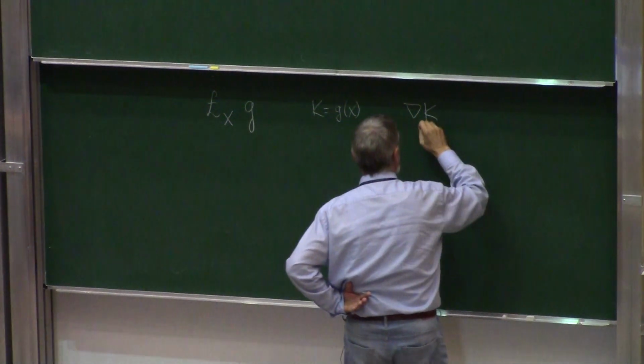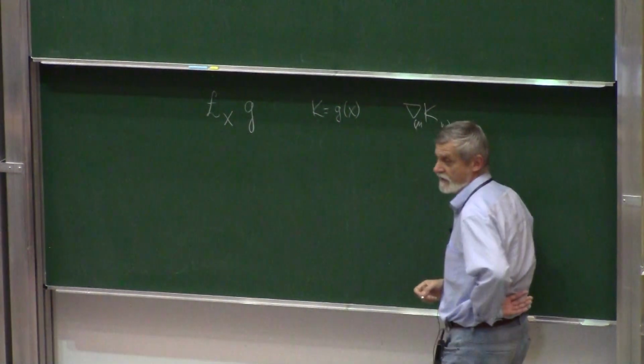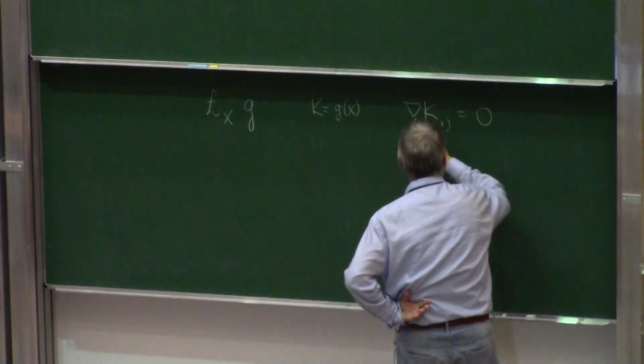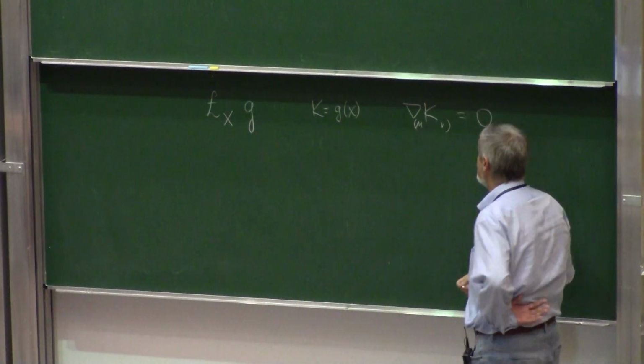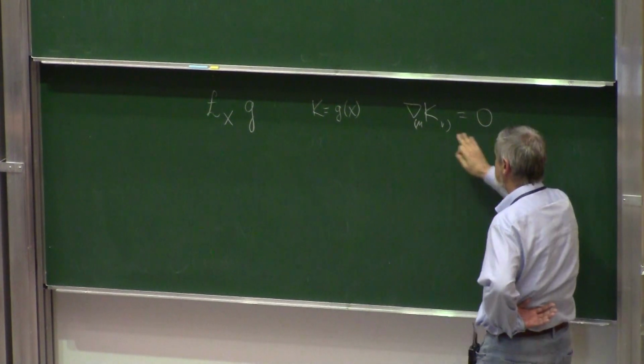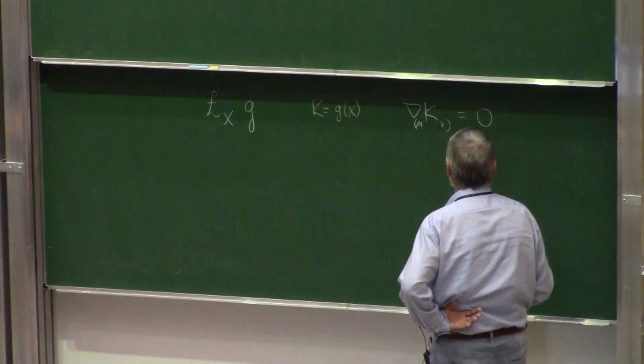So in index notation, you have nabla mu K nu symmetrized, yes? And then if you take it to be 0, you say that this is a Killing one form. If you say that the traceless part vanishes, then you say that this is a conformal Killing one form, etc.